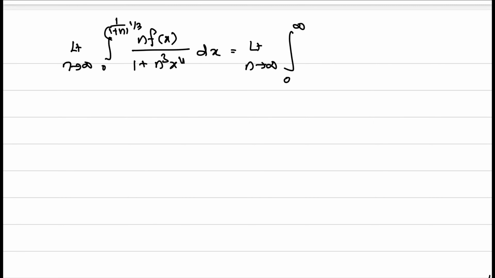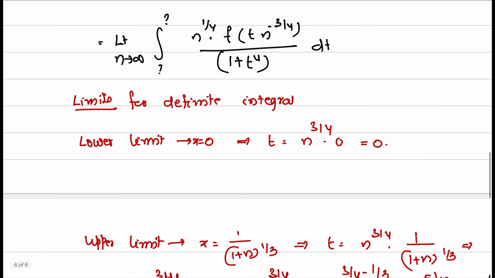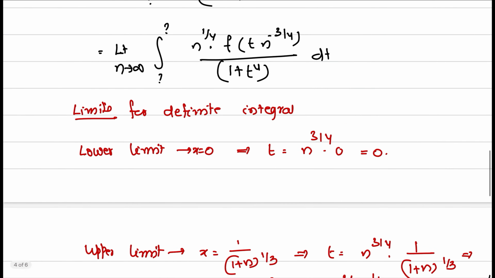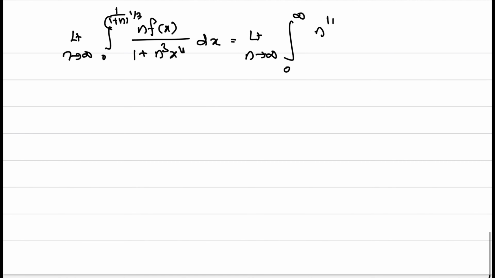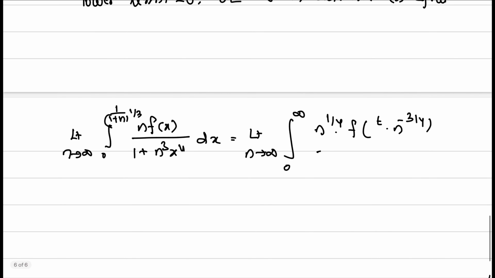It is 0 to infinity. n f(x) is equal to, what is the value of n into f(x)? n to the power of 1 by 4 into function t into n to the power of minus 3 by 4, if I am not wrong, yes, whole divided by 1 plus t to the power of 4 dt. This is what the given equation has become.